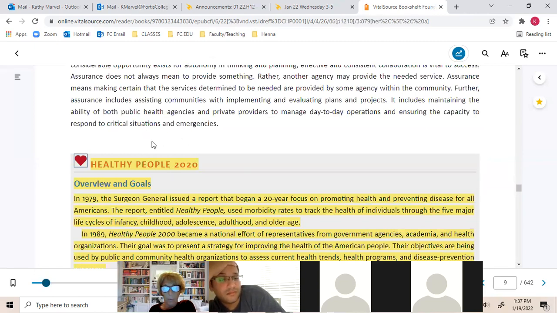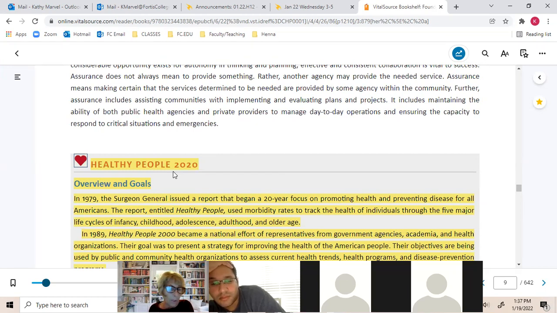We'll find where the role of the public health nurse is, but the other box you need to find in every chapter and be familiar with is Healthy People 2020. I don't know if anybody's been on their website. It's an excellent website. This was established, I believe, in 1979. In each chapter, it has goals and objectives for whatever the topic is we're covering.